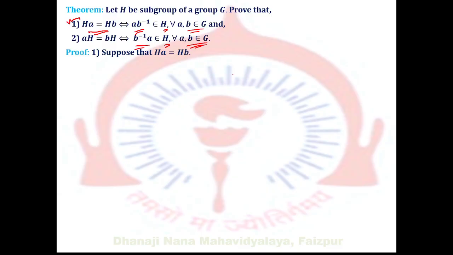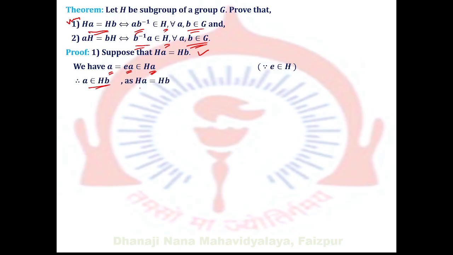So proof of this one. In the direct part we suppose that two right cosets HA equal to HB. Now we have to show AB inverse belongs to H. Now we write A as equal to EA, so that belongs to HA. But here HA is equal to HB, so this A belongs to HB.